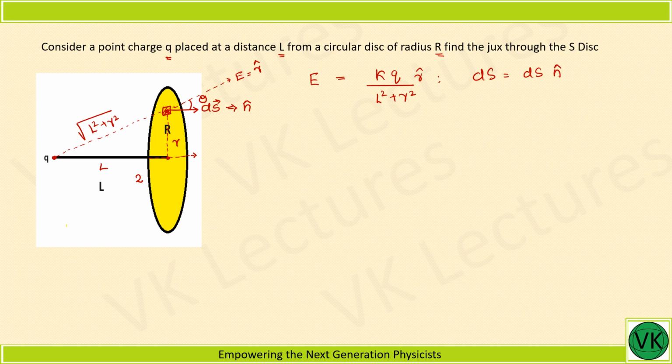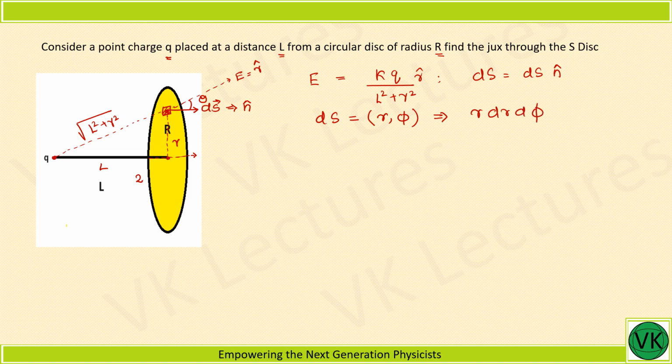Now the ds for a disk in polar coordinates is a function of r and phi. So ds will be equal to r dr d phi.